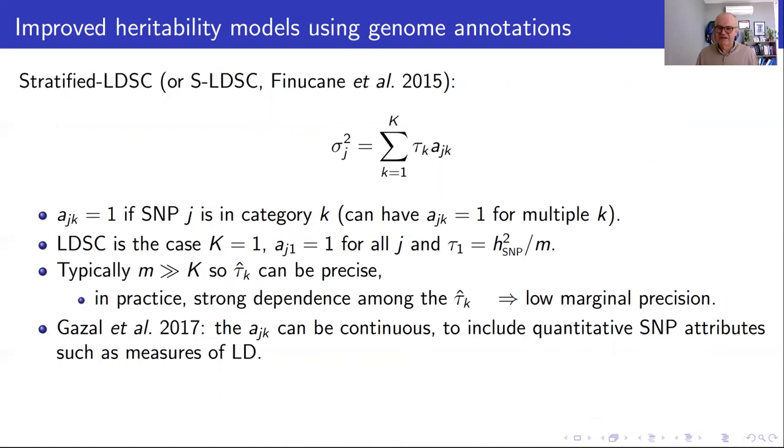So, having focused a little bit on genome regions like this, then there was a bit of a breakthrough in 2015 when Finucane et al., the Boston group, proposed their first deviation away from the uniform heritability model, but in terms of these functional annotations. So they basically have some indicators A for whether or not a SNP is in a particular functional category, and then they have a parameter, the effect size of that category, tau.